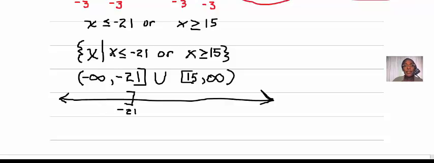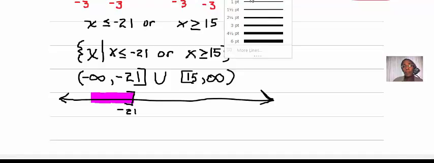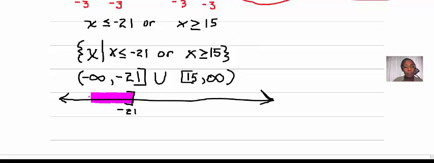And I shade to the left, and I show an arrow indicating that I can move indefinitely to the left.